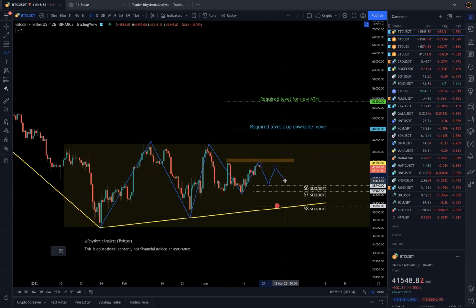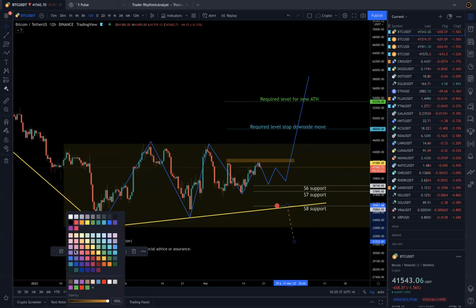But let's understand this. What you are seeing here could come down to this and again go up and do this kind of dancing and then go up, or simply not be able to hold these levels and continue going down like this. This might happen.